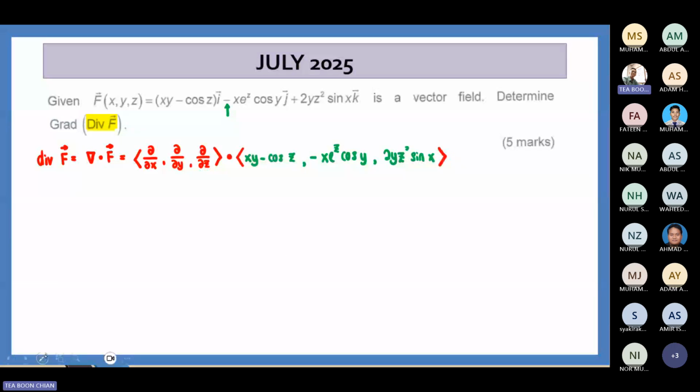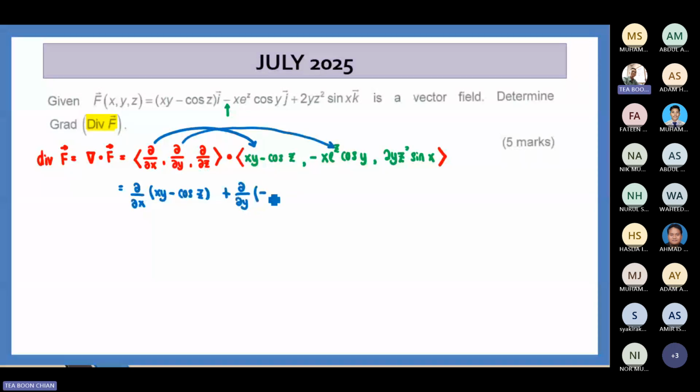So by the divergence computation, component multiply component. In other words, you will differentiate with respect to x. What is x, y minus cos z? Plus, you differentiate the second component with respect to y.